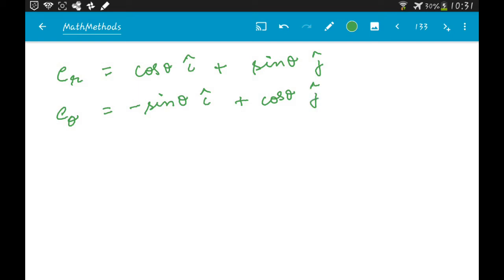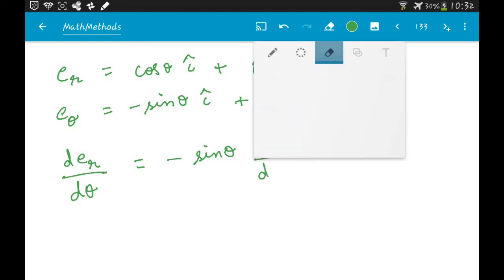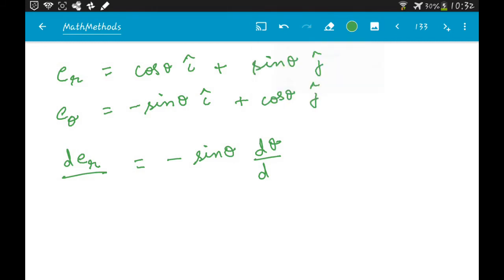If you want to know what dER by dt is, you just have to do this differentiation. So you will get minus sin theta into d theta by dt I plus cos theta d theta by dt j.